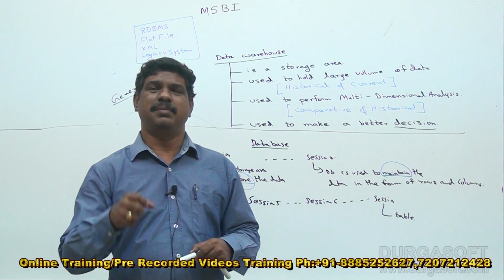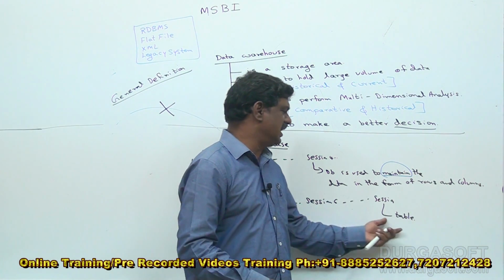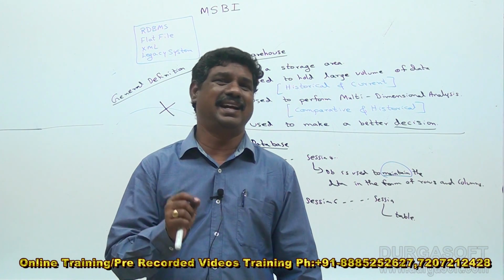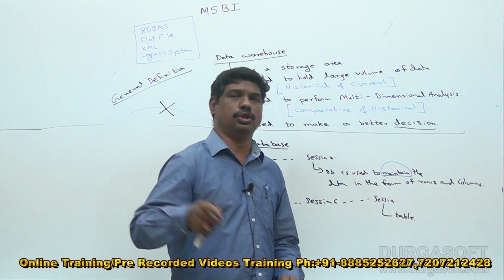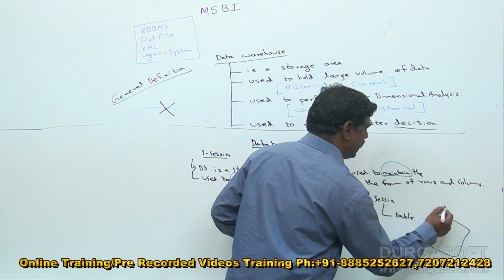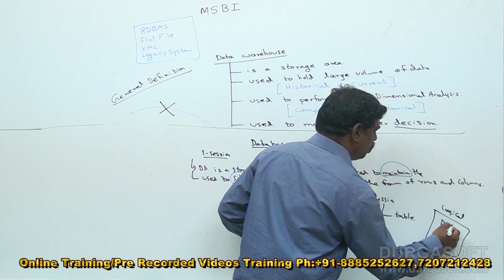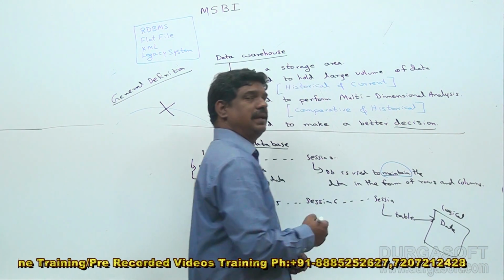Usually we say that a table consists of the data in the form of rows and columns, but after certain classes people will say the table is a physical object that you interact with, but actually the data is present somewhere in a logical area. You have some logical space where the data is present, but you cannot access this data directly.